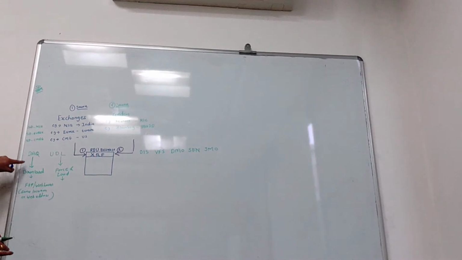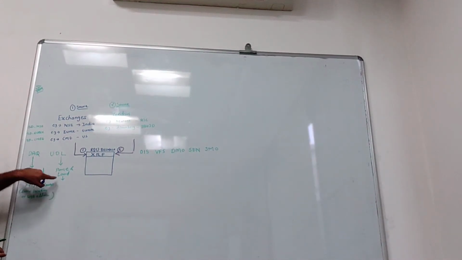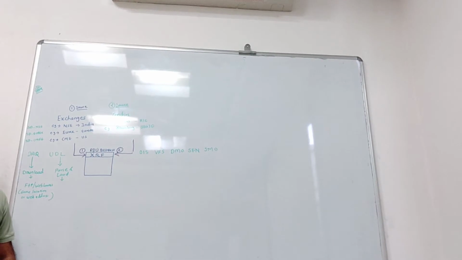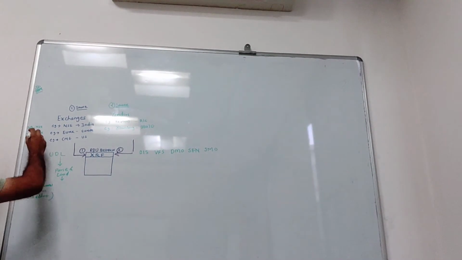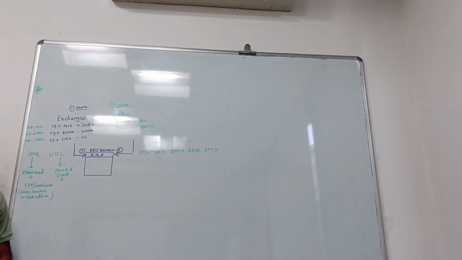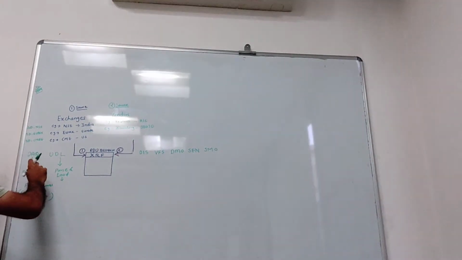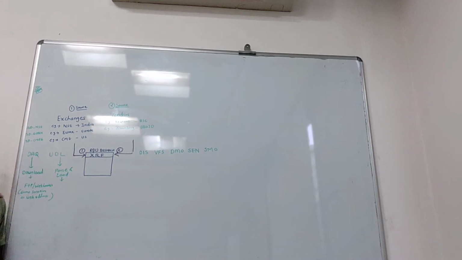So DAG, UDL. UDL we parse and load. Our data coming from the NSE feed will be loaded accordingly. What DAG is doing is downloading from NSE. It creates one message and passes that message to UDL.